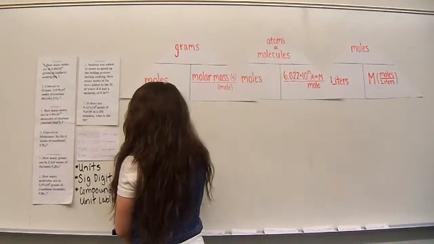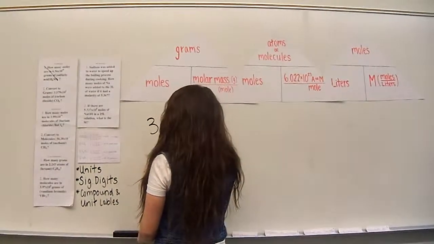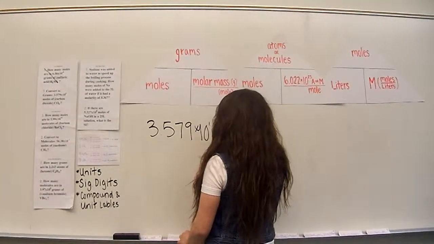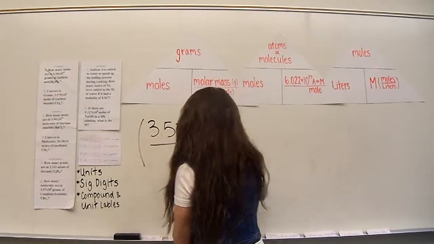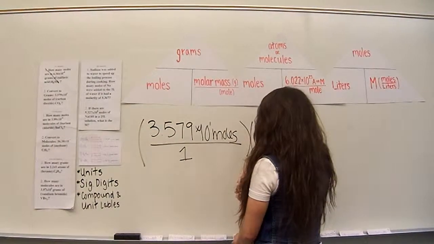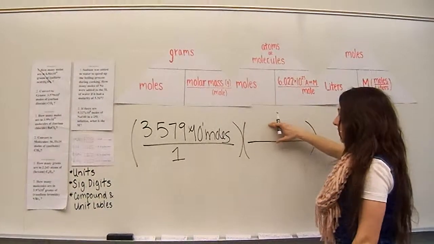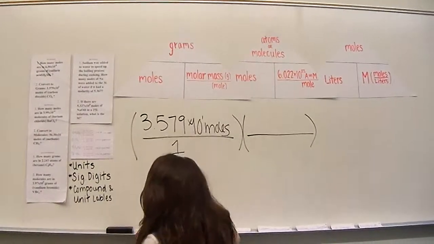We will begin this problem by writing the given on top, which is 3.579 times 10 to the first moles, and then we will be writing that over 1. As previously stated, we will be multiplying it by the molar mass. Therefore, we need to calculate the molar mass of CO2.